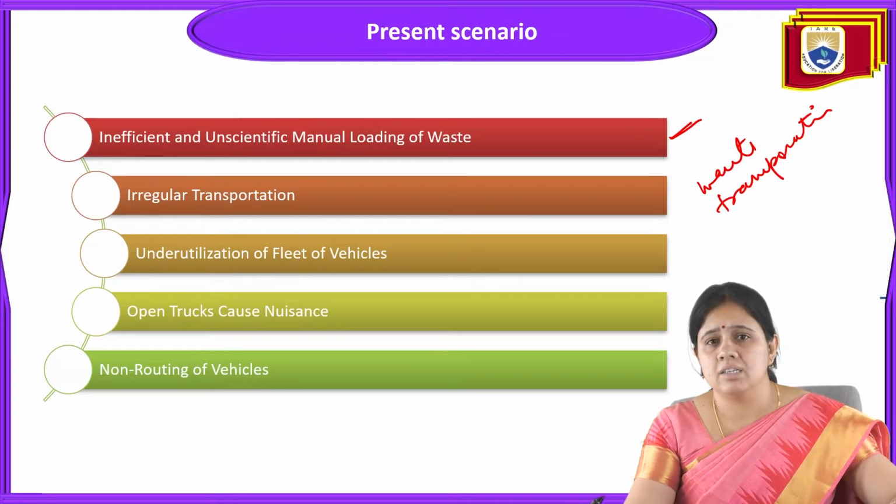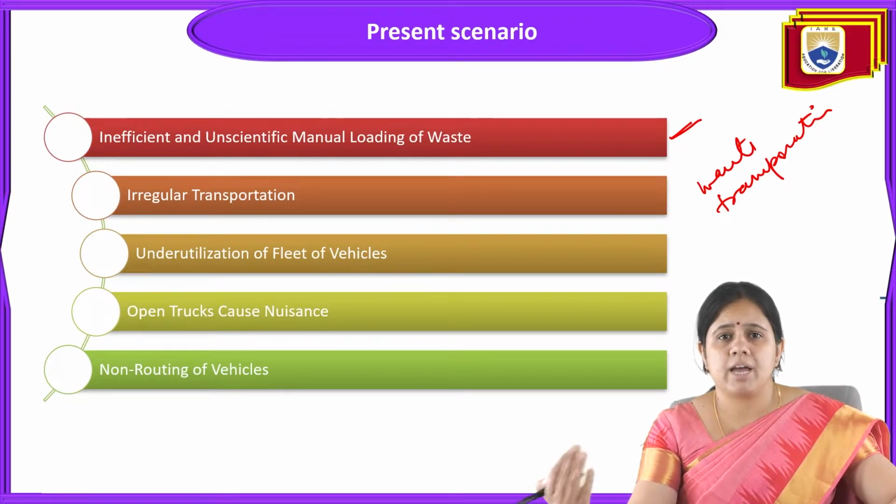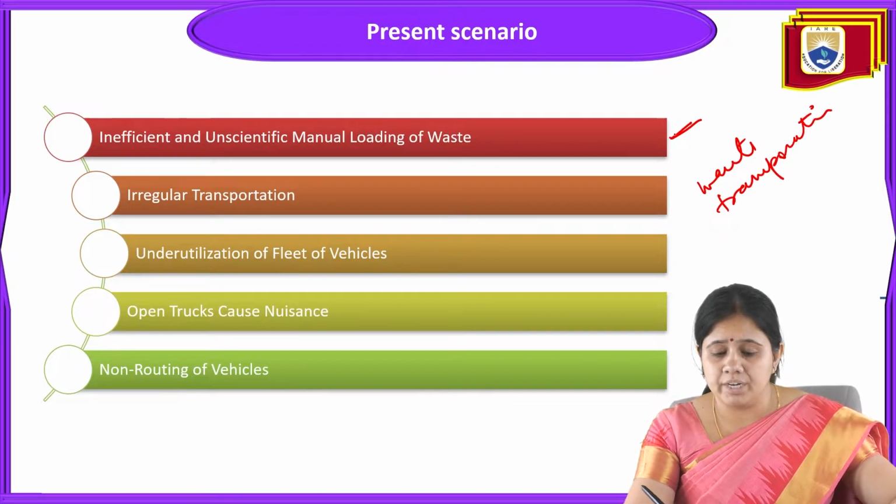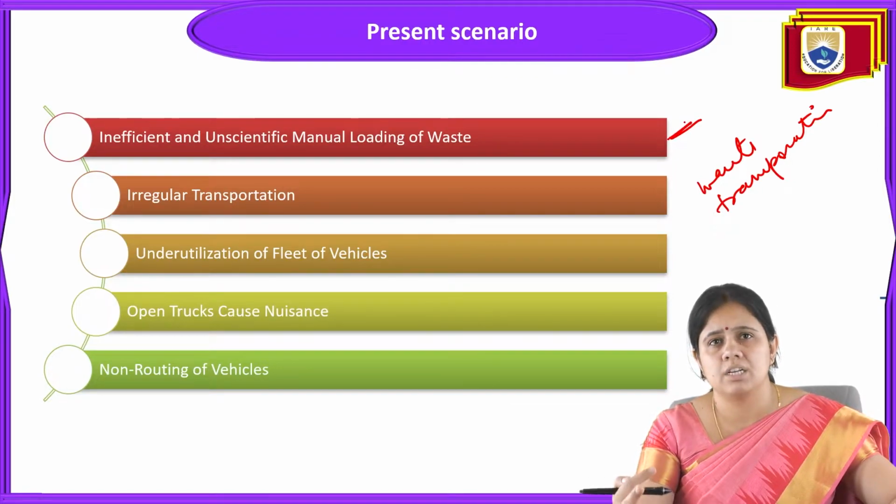During this manual loading, foul smell and nuisance will come. So this manual loading should be avoided, because during it no proper transportation happens, some waste will be thrown here and there, and it creates litter on the roads of the city. This inefficient and unscientific manual loading of waste is present in most cities.